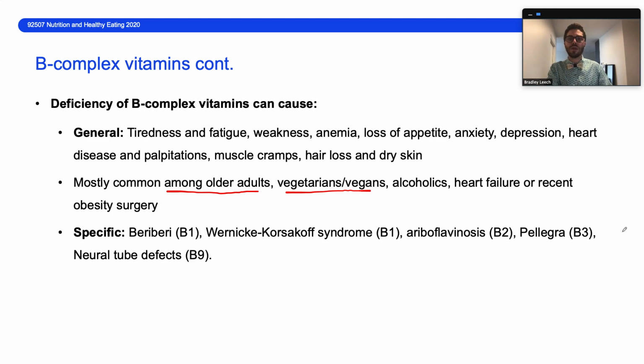Now, looking at some of the individual B vitamins, a deficiency in B1, in thiamine, can result in what we call beriberi. Now, it's generally not found within general society. However, in those countries where the dietary staple is white rice, there is a higher likelihood of deficiency. B2 deficiency is rare.